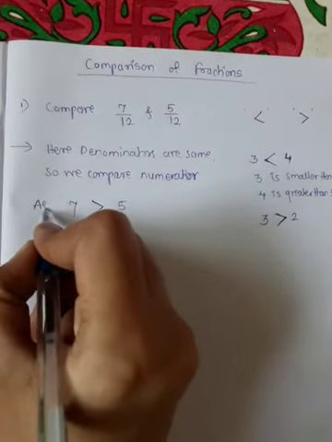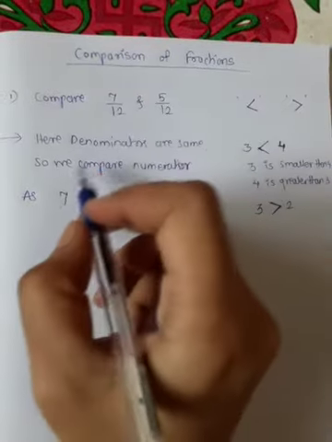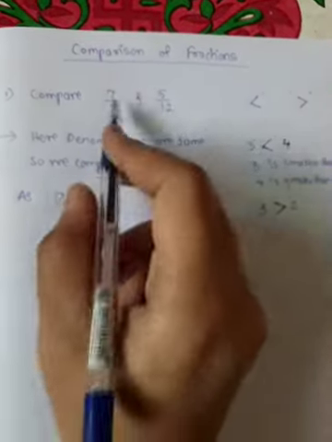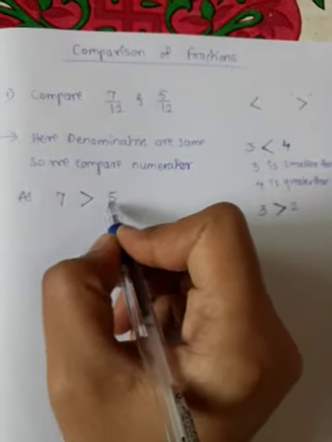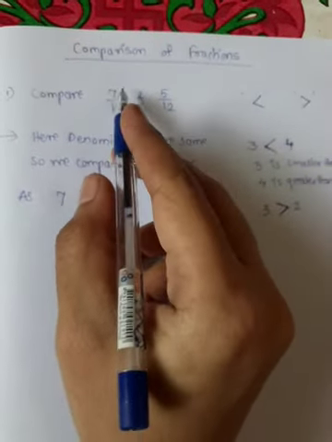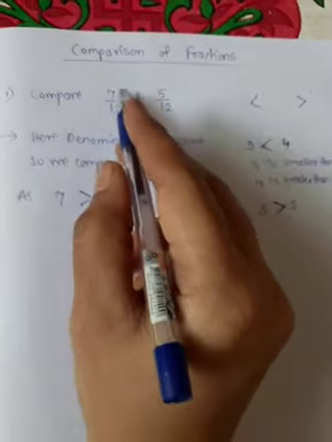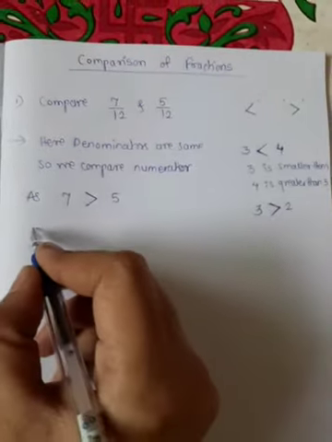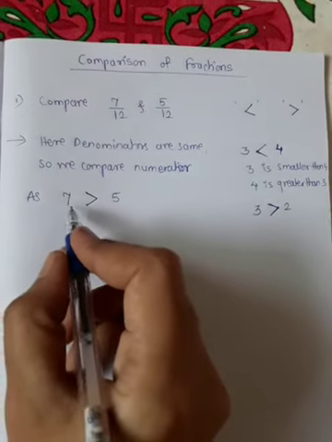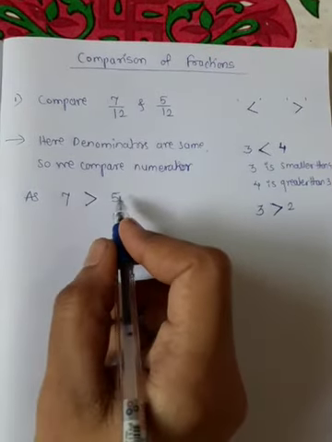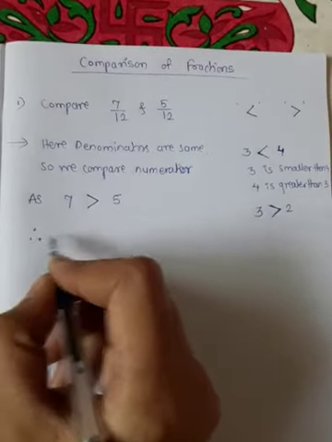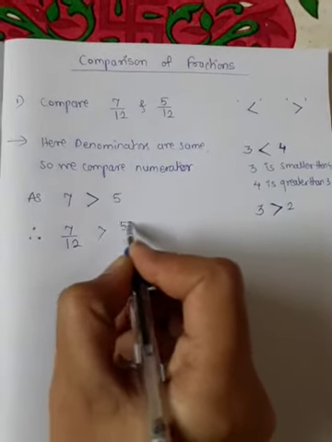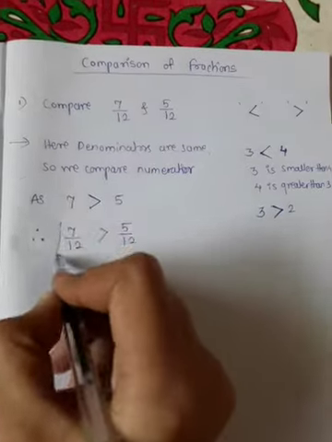So here denominators are same, therefore we compare numerators, and 7 is greater than 5. Means the numerator of this fraction is greater than the numerator of this one. So, as the numerator of the first fraction is greater than the numerator of the second, 7 by 12 is greater than 5 by 12.